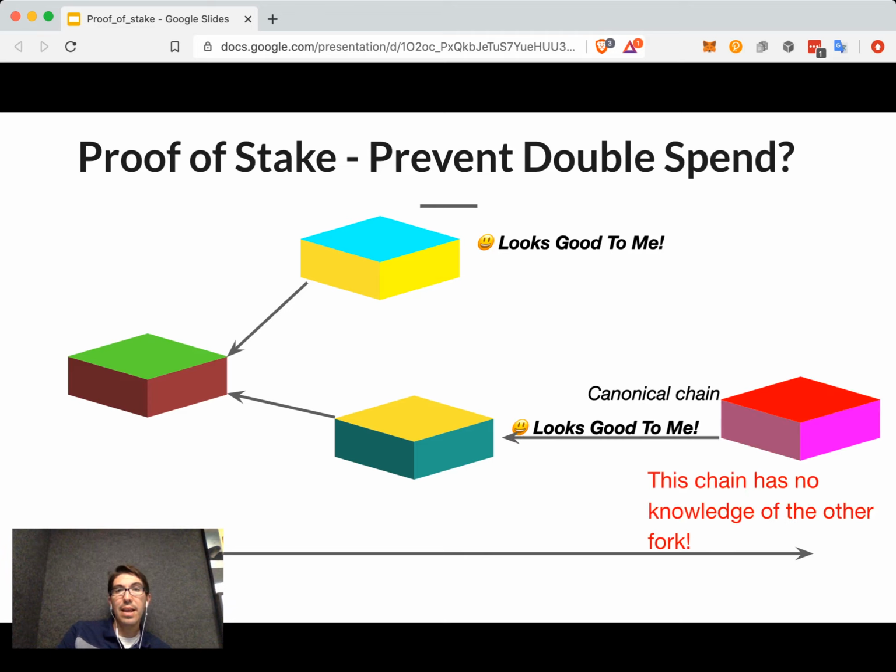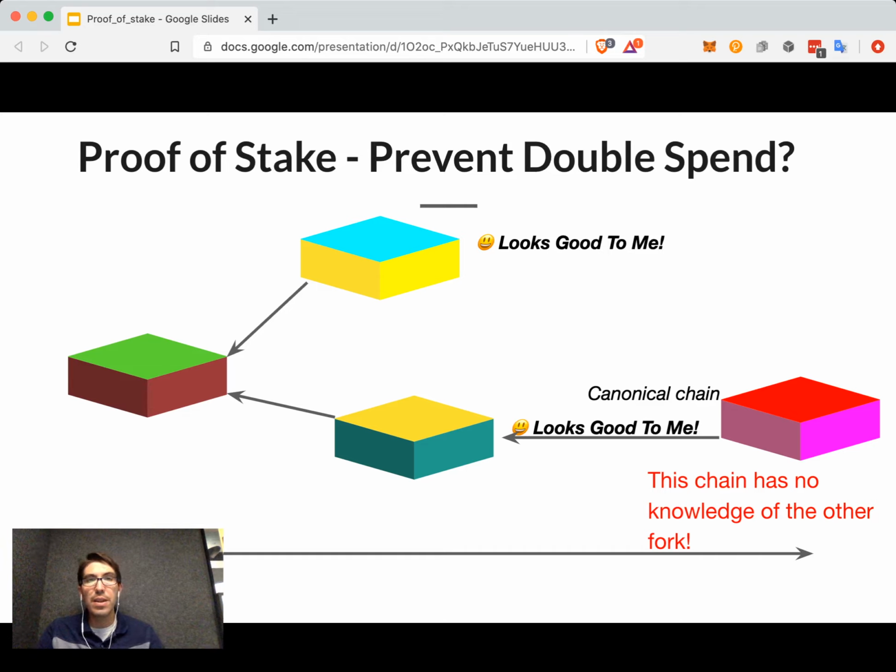And if one of these gets selected, this chain has no knowledge of the other fork. Look at how the arrows move, right? If you're following from that red and purple block all the way back, you never see that bright blue and yellow block at the top. So just looking at the chain, you have no idea what kinds of blocks this block producer has produced.